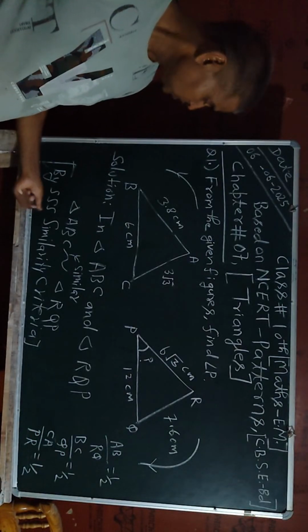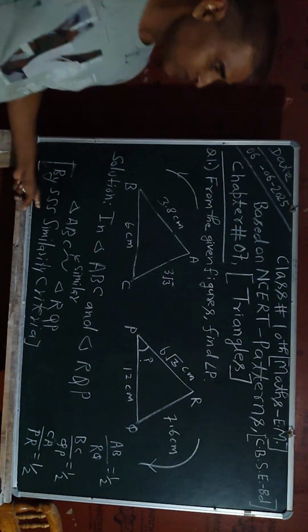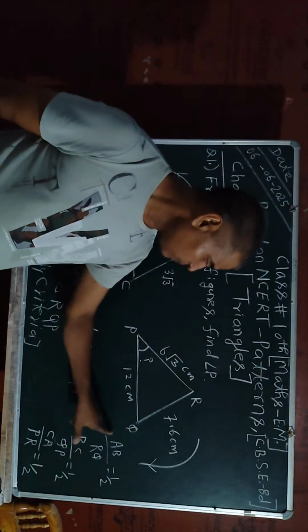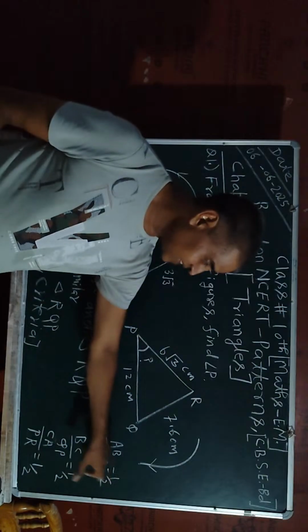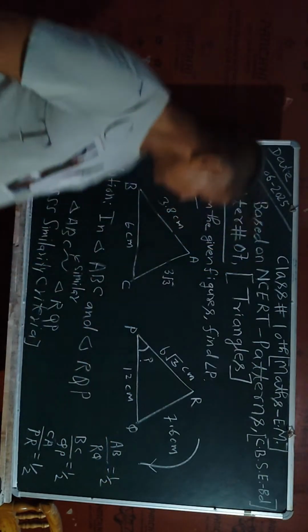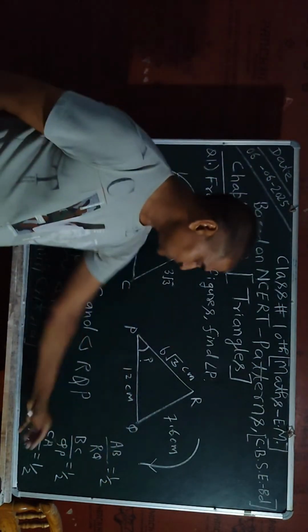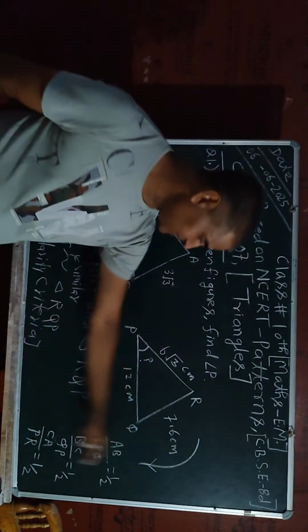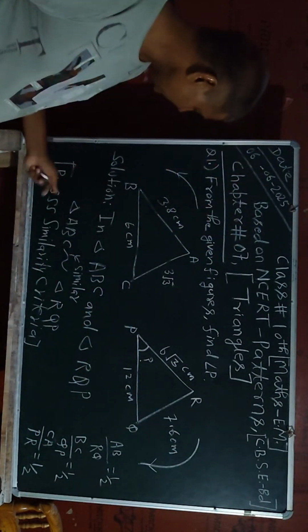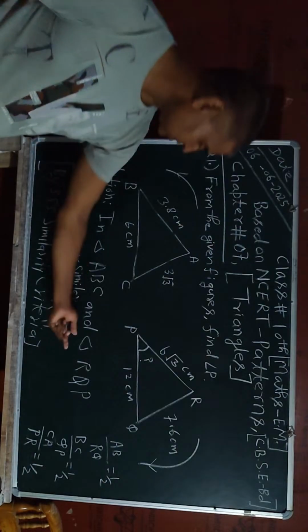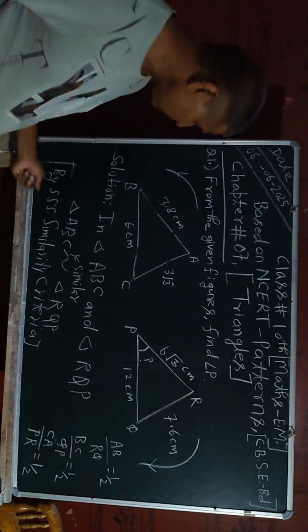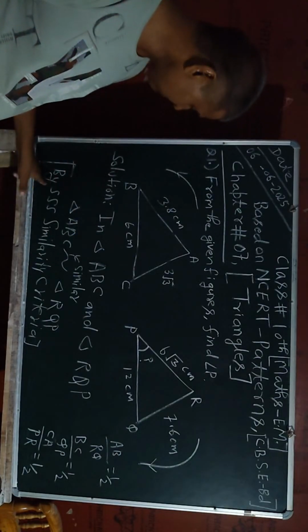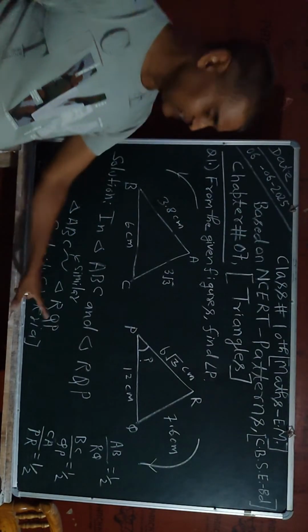Okay, student. So with the help of side, side, side, because I have got the ratio of the corresponding sides the same, and that ratio is 1 by 2. Now with the help of the information, I will write this triangle and this triangle both will be similar, and see the symbol of similar. Now the criteria I will also write, the similarity criteria is this.